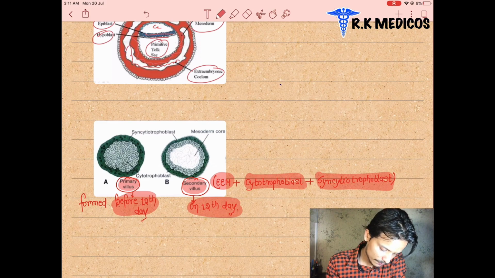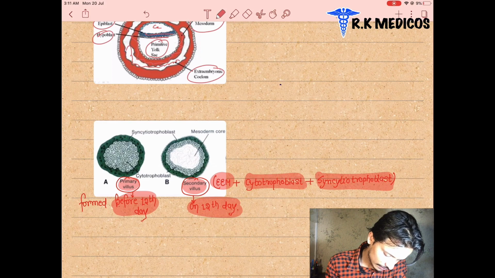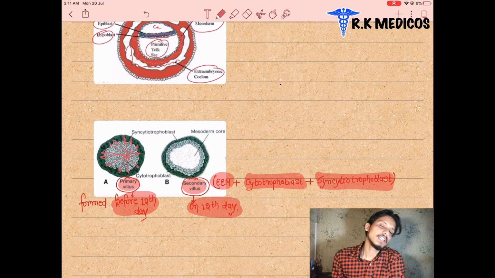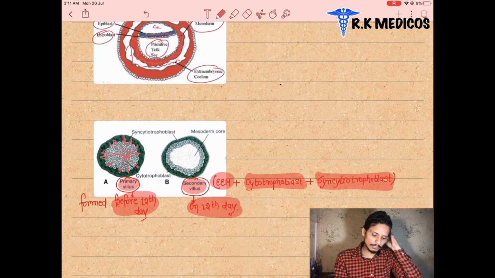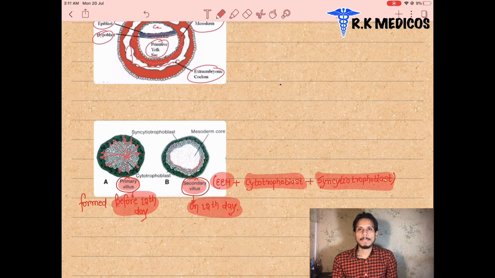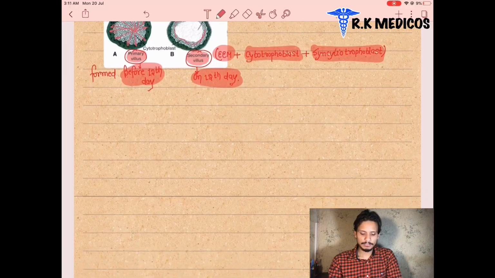The primary villus is formed when cells of the cytotrophoblast embed inside the syncytiotrophoblast, forming the primary villi. After that they are on the periphery region, and they form secondary villi. So this is all about the second week of development.